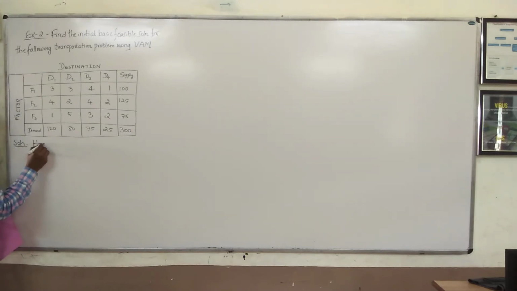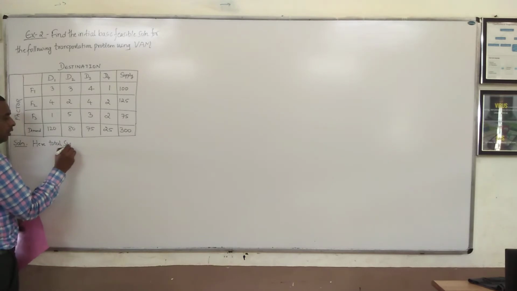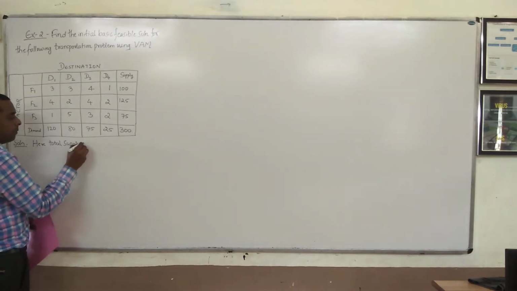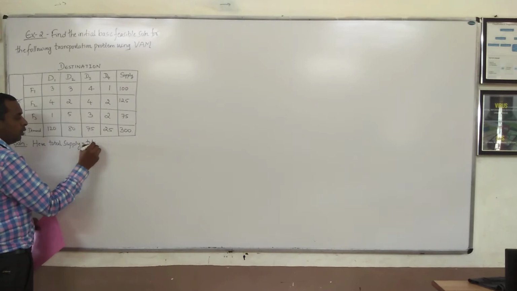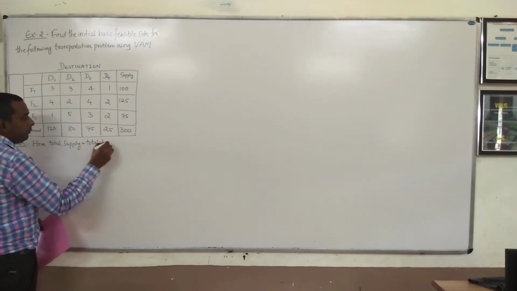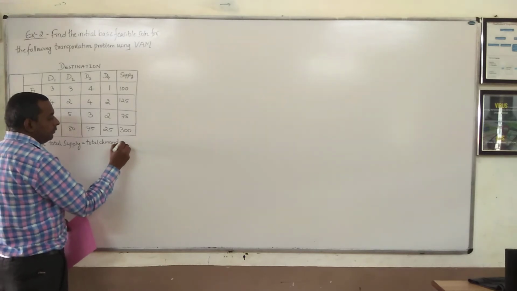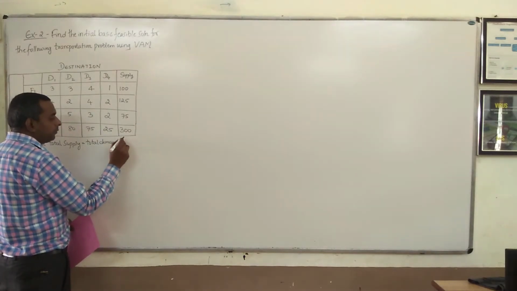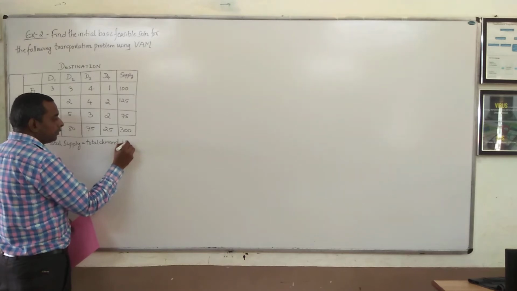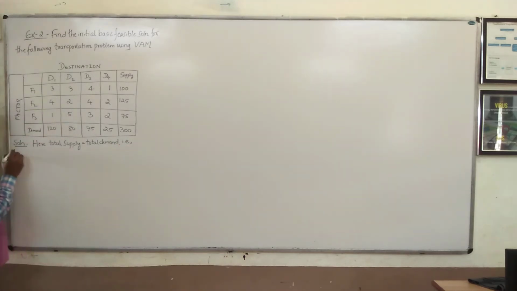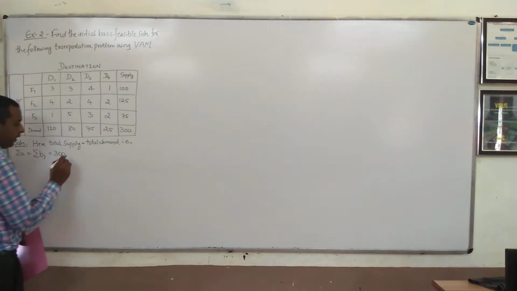Here total supply is equal to total demand, that is summation ai is equal to summation bj, which is equal to 300.